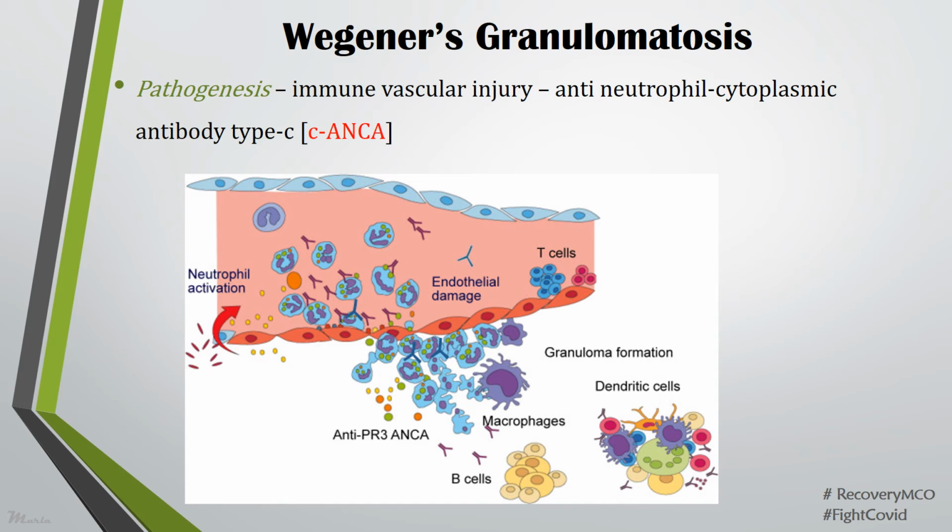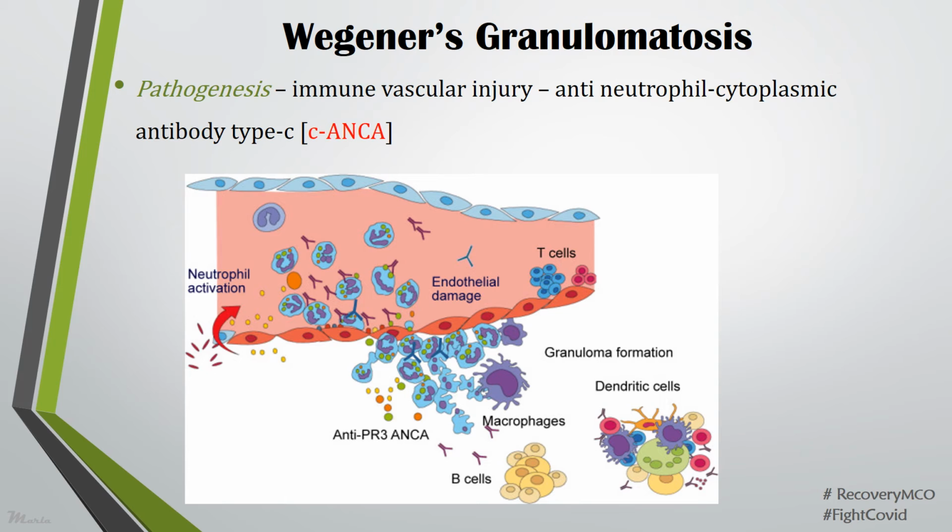The pathogenesis of Wegener's granulomatosis basically includes an immune-mediated vascular injury. That means the blood vessels are affected as a result of autoantibodies. The autoantibodies identified in this pathology have been referred to as the anti-neutrophil cytoplasmic antibody type C, in short, as referred to as the cANCA.